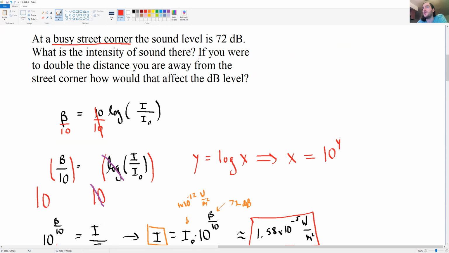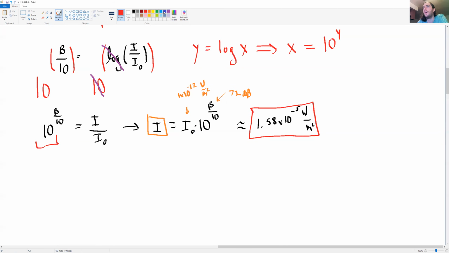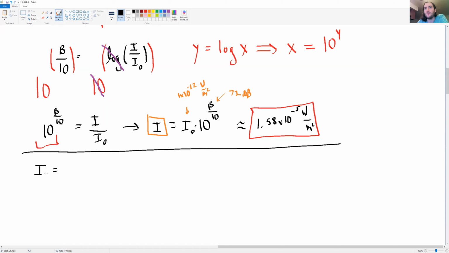Now the second question is right here. If you were to double the distance you are away from the street corner, how would that affect the decibel level? Well, you have to remember, so this is now the next part of the question. You have to remember that intensity, let's write it this way, because this is what I mentioned earlier.